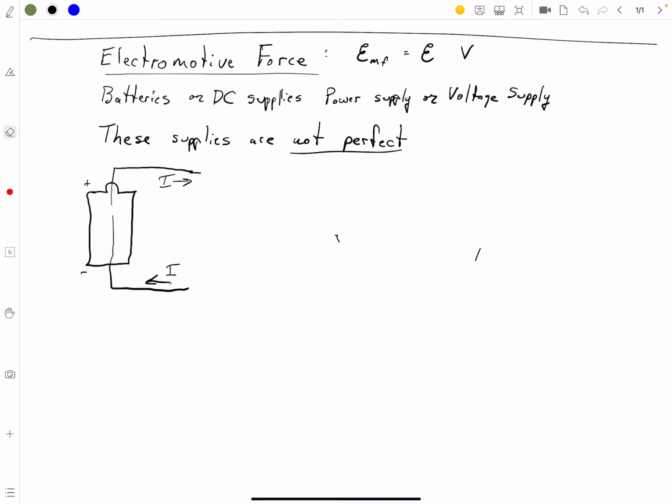And we'll erase a little bit there, and we'll go like this. And we're going to erase a little bit down here. And we're going to go like this. This resistance is the imperfection of the battery. Okay? So resistance is internal.